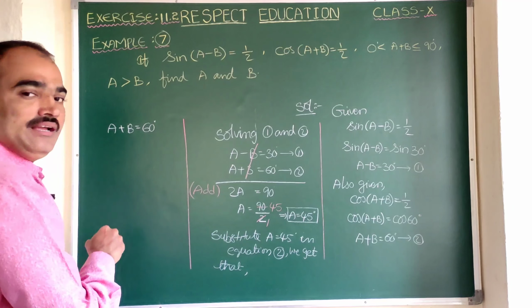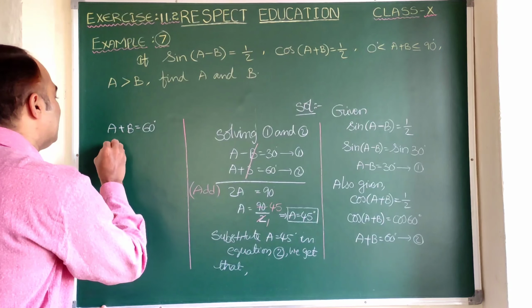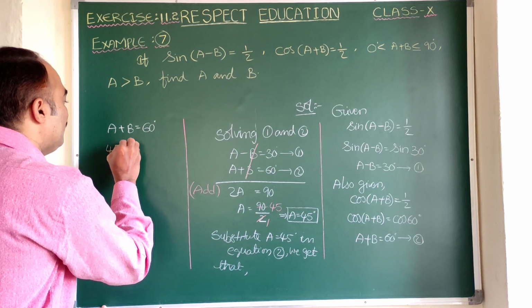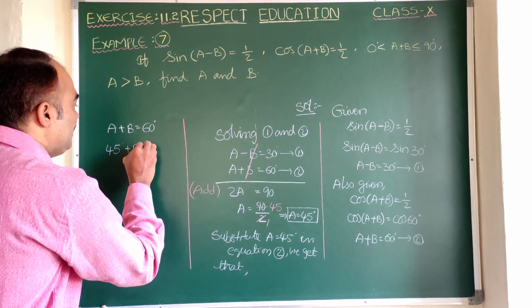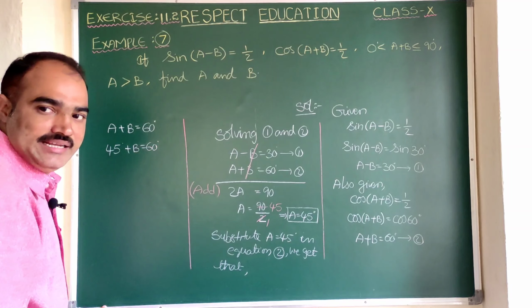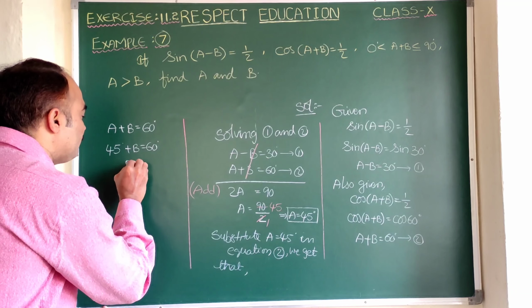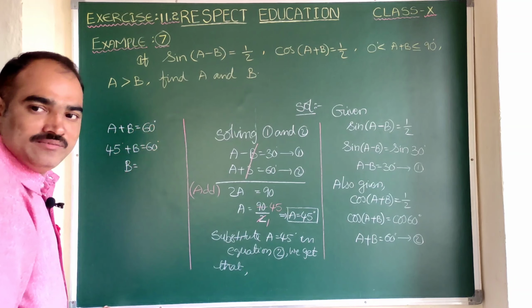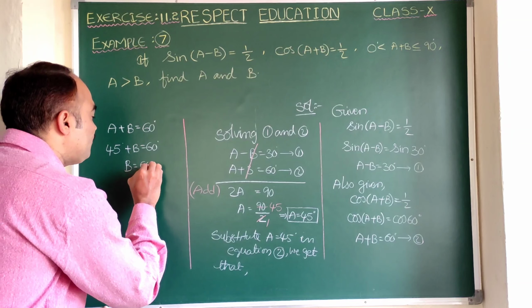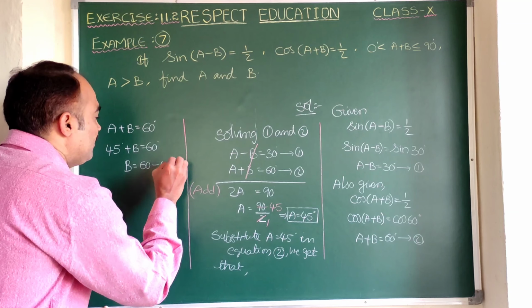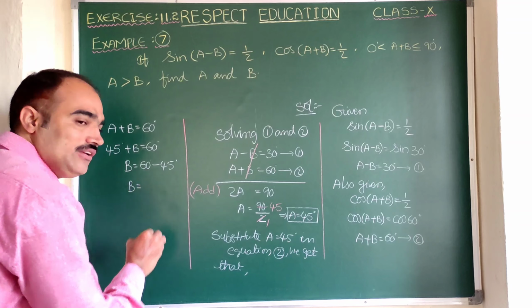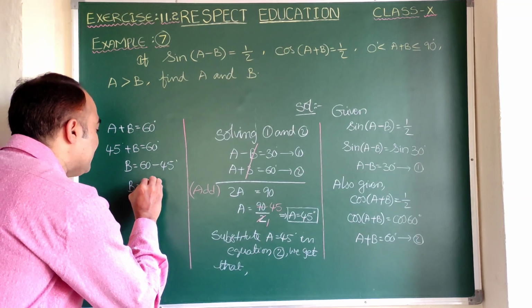So in place of a, write 45 degrees. 45 degrees plus b is equal to 60 degrees. Now b is equal to 60 degrees minus 45 degrees. So b is equal to 15 degrees.